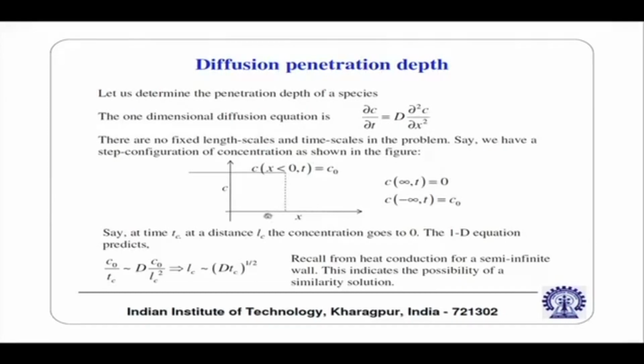Now you can see that at a time t, at infinity c is equal to 0, and at x equal to minus infinity c is equal to c0. So let us say this is the condition to which this equation is subjected.